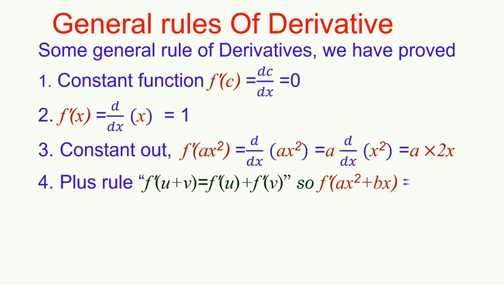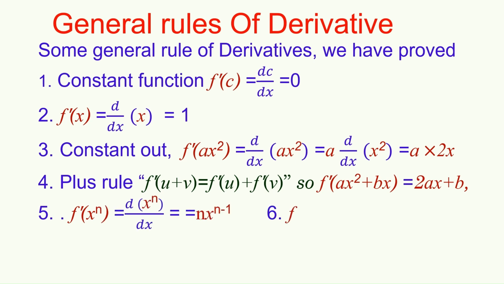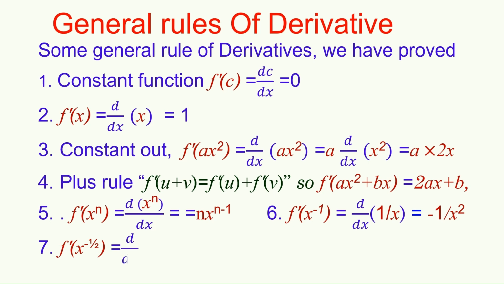Plus rule: function of u plus v, f dash u plus v equals f dash u plus f dash v. 5. f dash x to the power of n equals n times x to the power of n minus 1. 6. d dx 1 divided by x equals minus 1 divided by x squared. 7. d dx 1 divided by square root of x equals minus 1 divided by 2x times square root of x.